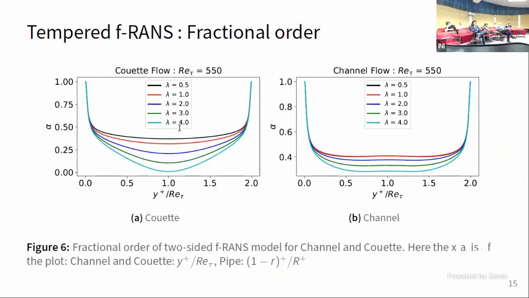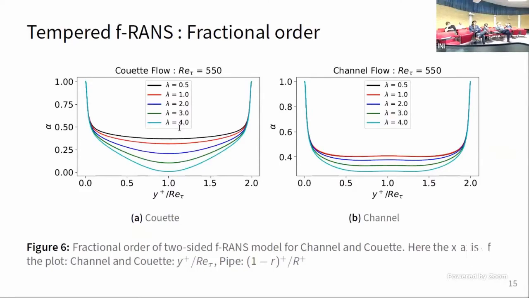There is no such thing as the best solution, because I can take that lambda value, the corresponding alpha value, compute my fractional order, and have within 1% error. So I don't believe there is a notion of a best solution. There is a space of solutions, not just one solution.